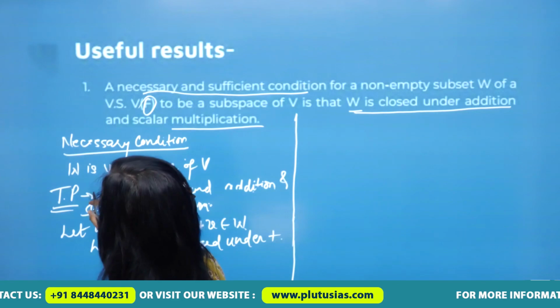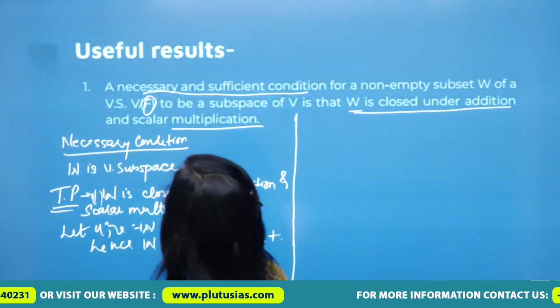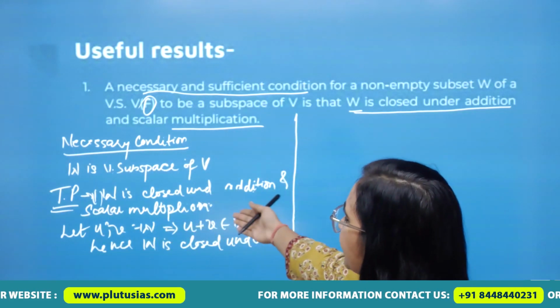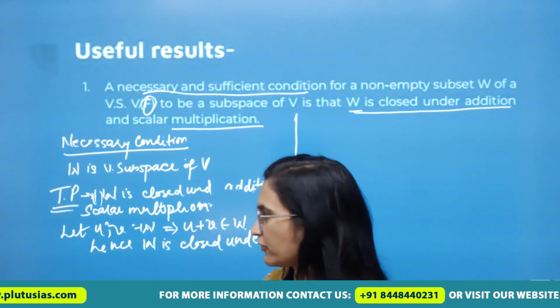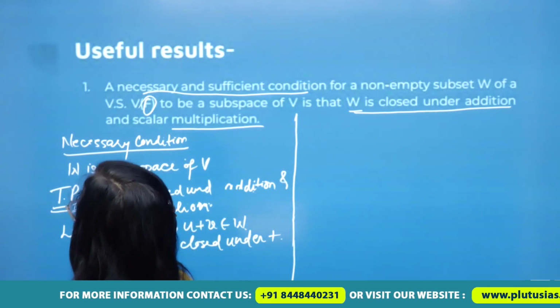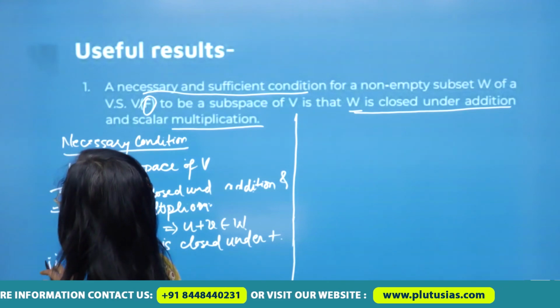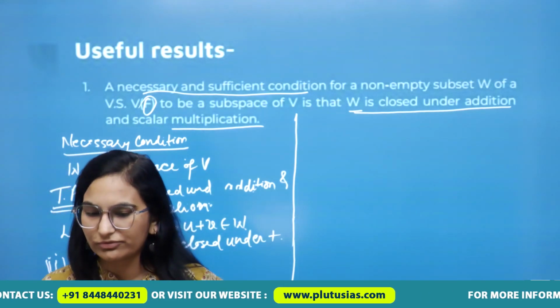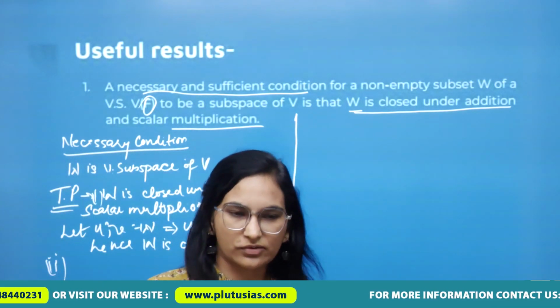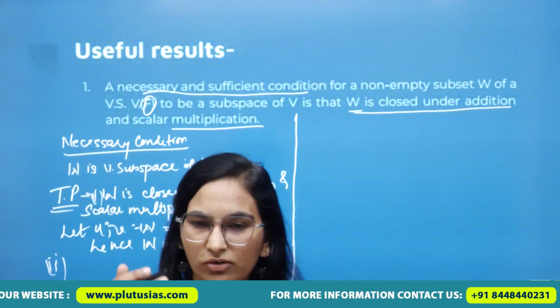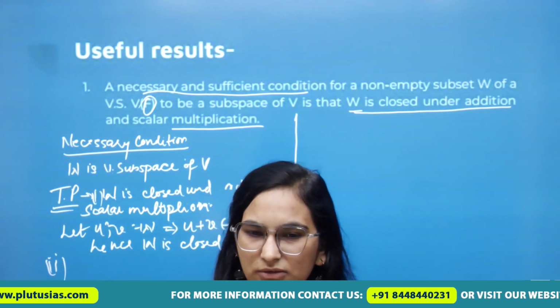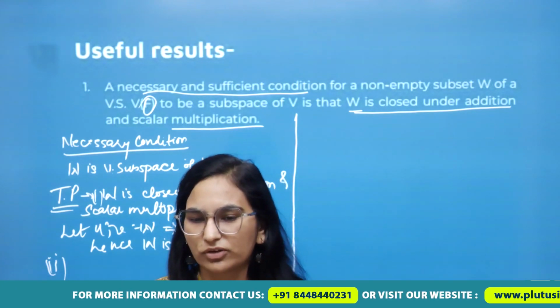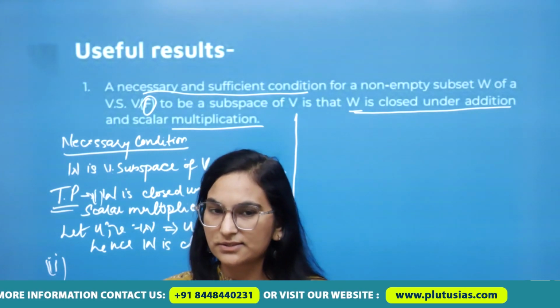Second, this was the first condition. Second, we need to prove W is closed under scalar multiplication also. How would we prove it? We have nothing to do. What is scalar multiplication? Scalars are taken from the field, right? I told you in the first lecture that all the elements of the field are known as scalars and we call all the elements of the vector space vectors.